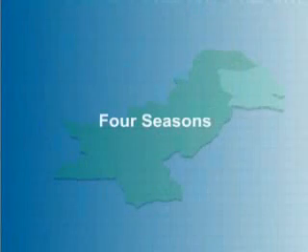Here in Pakistan, we have 4 seasons. That's an extension of the climate we have discussed. And there are 4 distinct seasons: summer, winter, these are the 2 major seasons, then spring and fall.